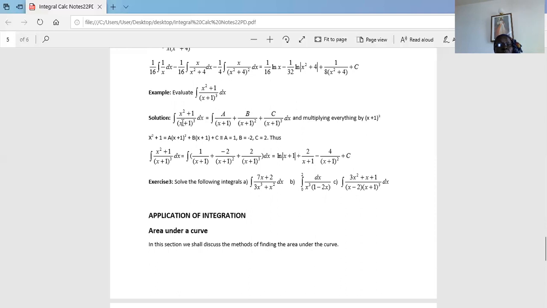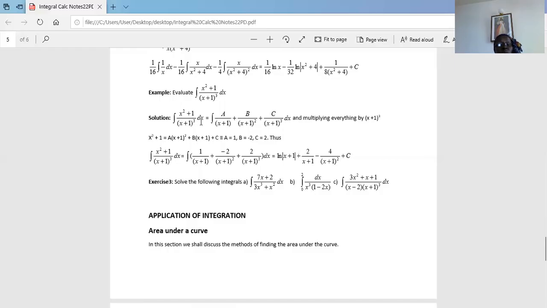And that applies. Now, in this case, we have x squared plus 1 and x plus 1 cubed. So what we have learned here applies here. But now this is cubed. And here we have x to power 1. It is not squared. So assume this is y cubed.